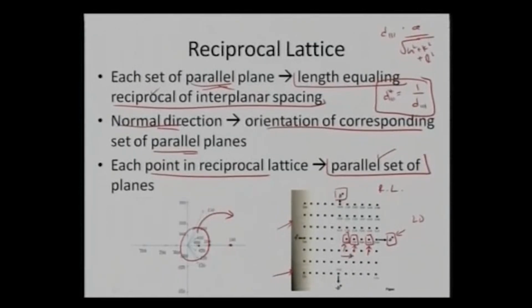This is my 100 direction, and this one is my 010 direction, and it is perpendicular to the 001 plane. That becomes the zone axis. So now it becomes much simpler for me to represent all the planes. I know their magnitude. What is the interplanar spacing? That becomes 1 by d of the interplanar spacing in the reciprocal lattice spacing. I know its direction.